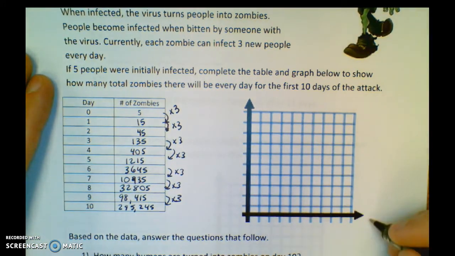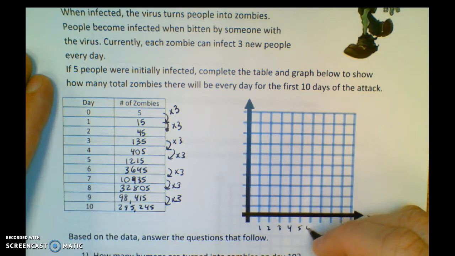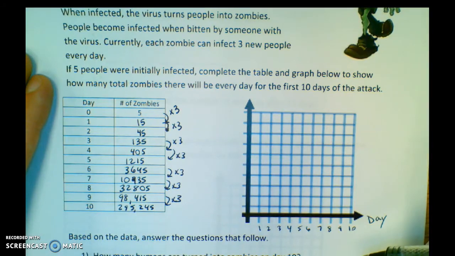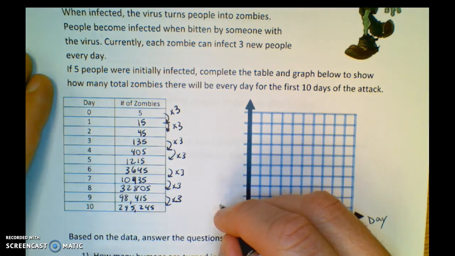On the x-axis, that will be our days. So that's easy to number. That's 1 through 10. On the y-axis, it's not as easy. For numbers this large, we probably should go by 25,000.